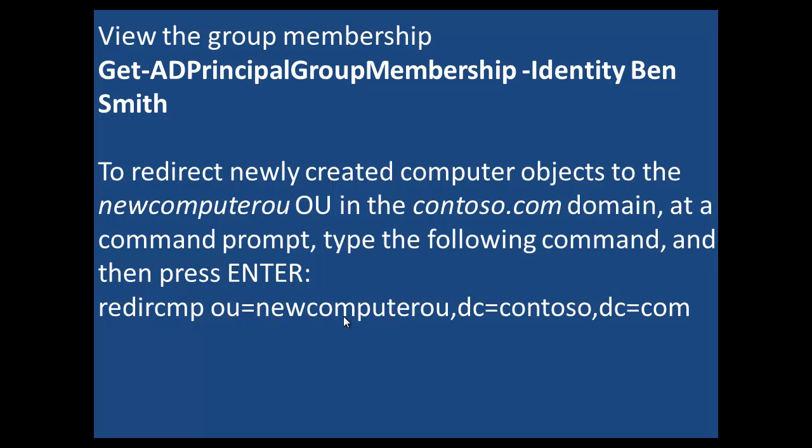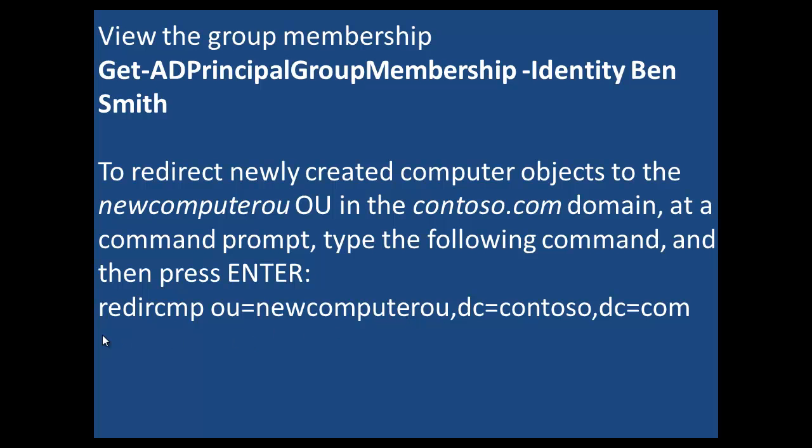So if you don't want your computer, when you join it to the domain, to go in the Computers container, whatever name you have here, or whatever OU you have, and I put new computer OU here, that is where the computers will go instead of the default container, which is Computers.